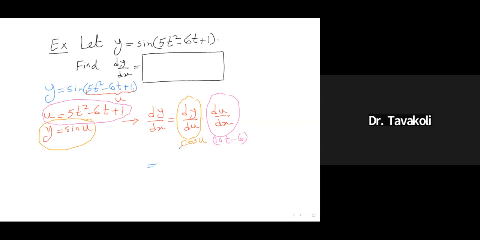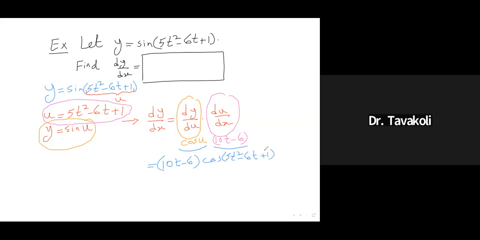By the way, here I have a cosine function and some polynomial. It's more common to write the polynomial first, so 10t minus 6 first, then times cosine of u. But what was u? I need to go back to the original variable. u is 5t squared minus 6t plus 1.